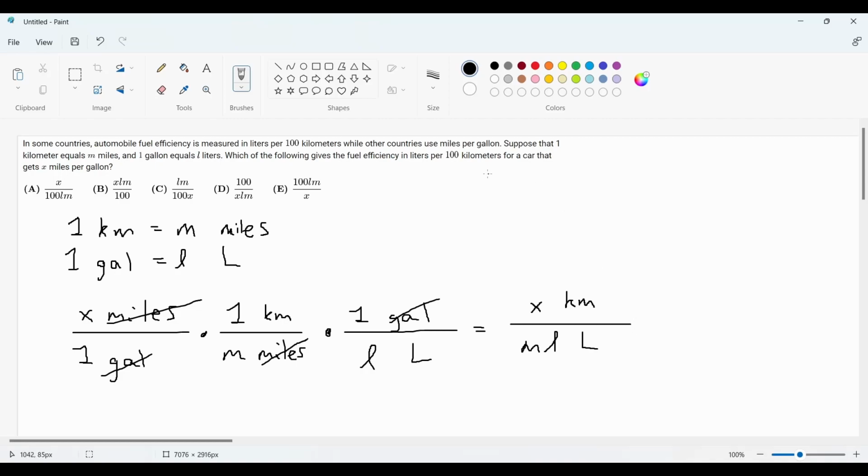Now, it's not asking for kilometers per liter, it's liters per 100 kilometers. So first let's introduce that factor of 100. So we need to multiply the numerator and denominator by 100, so that way the value doesn't change. It becomes 100x kilometers per 100 mL liters.